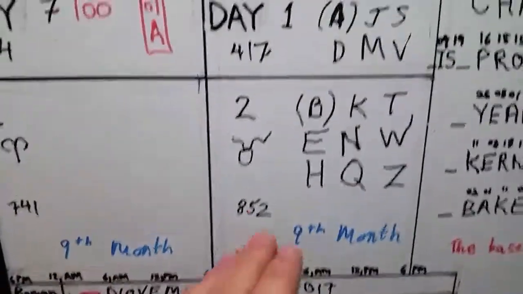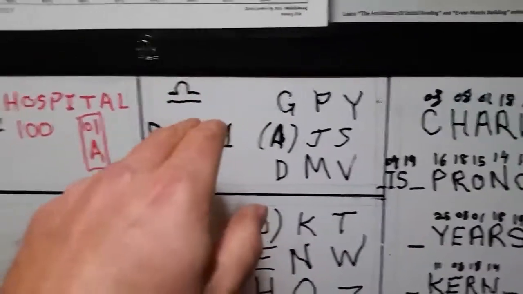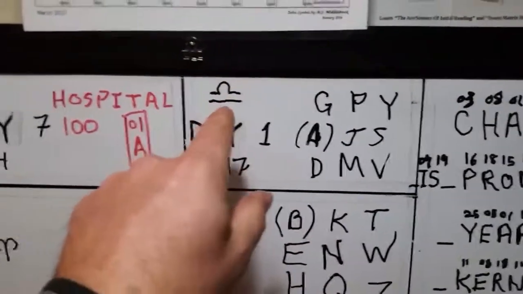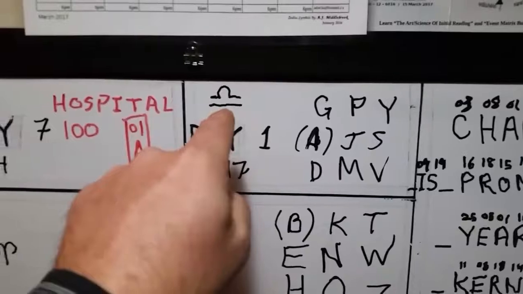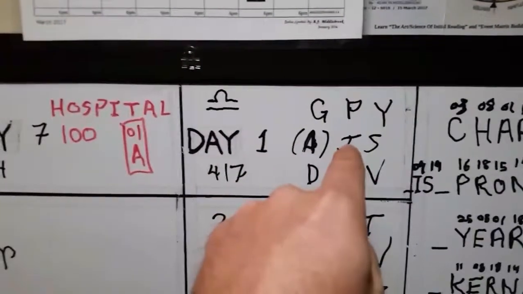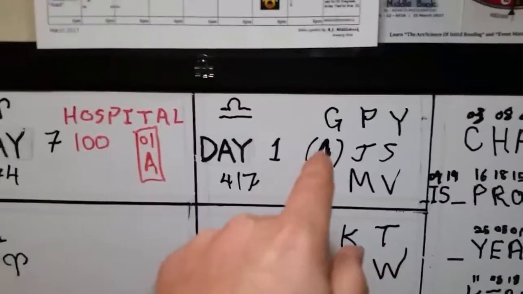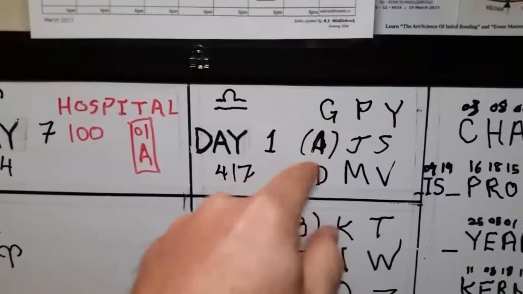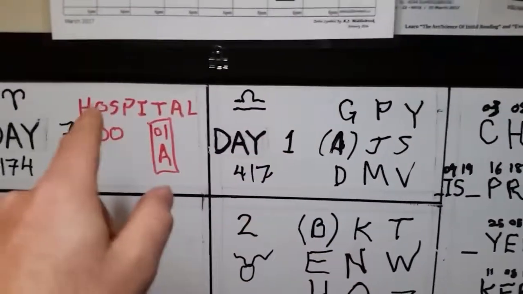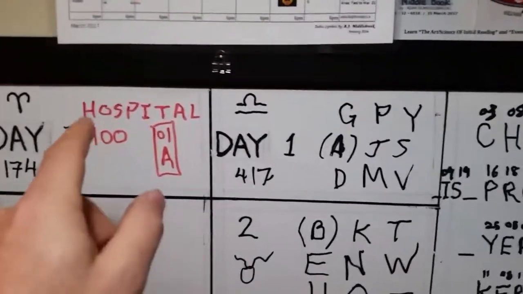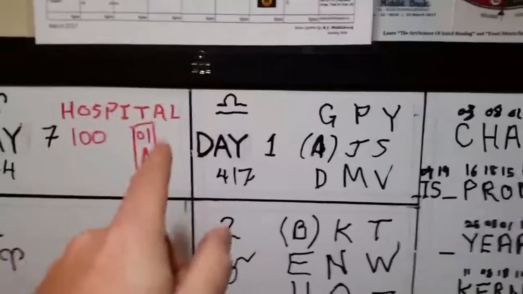So now I want you to look at the overtone. If all you knew was my sacred calendar, you would still see the justice scales here. You would still see justice scales, sentence served. All right? But this A is also the word hospital. Hospital, A. Because hospital equals 100. 1 plus 0 plus 0 is 1.